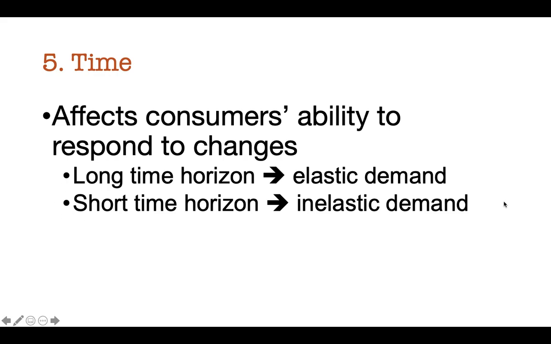And then over an even longer time horizon, maybe many months, many years, as the price of gas increases over time, maybe you make decisions like carpooling, opting for more fuel-efficient vehicles, or moving somewhere with public transportation. The more time you have, essentially, the more responsive or the more elastic the demand.